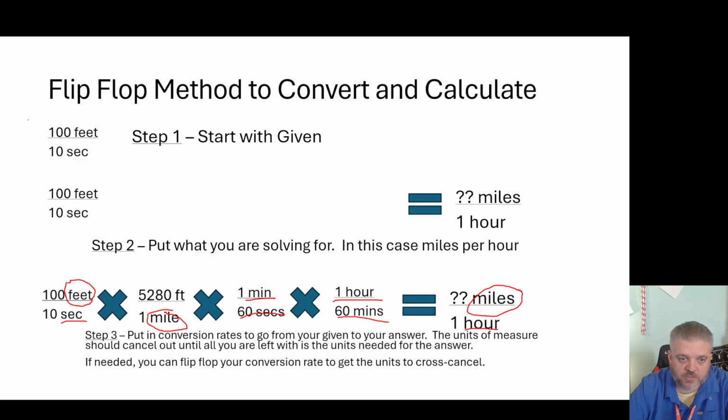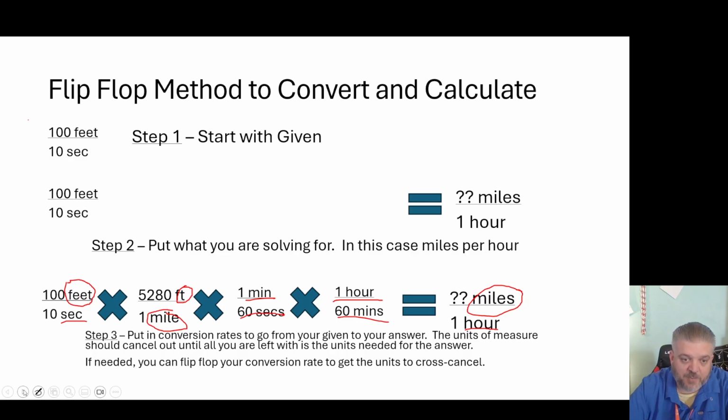But one thing you'll notice from a math perspective is that you need to be able to cancel out your units. The way you do that is you have it in the numerator on one and the denominator on the other, so basically cross-canceling. But I've got feet here and feet over here, and they're not in the right place. So what I need to do is where this gets its flip-flop method name from.